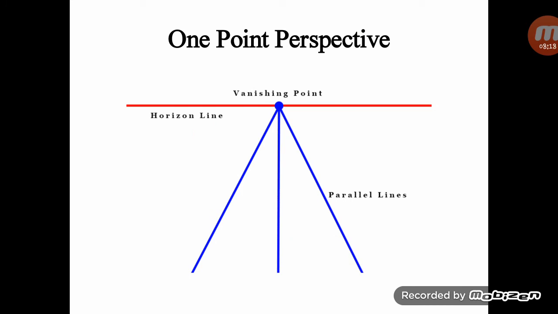One point perspective uses a single vanishing point to draw an object. Only the receding orthogonals, meaning parallel lines, change their angles.